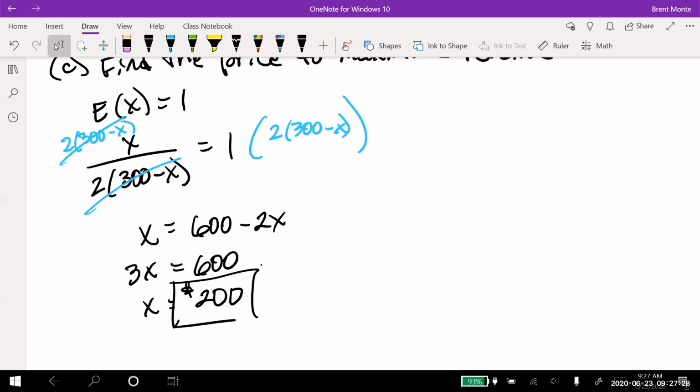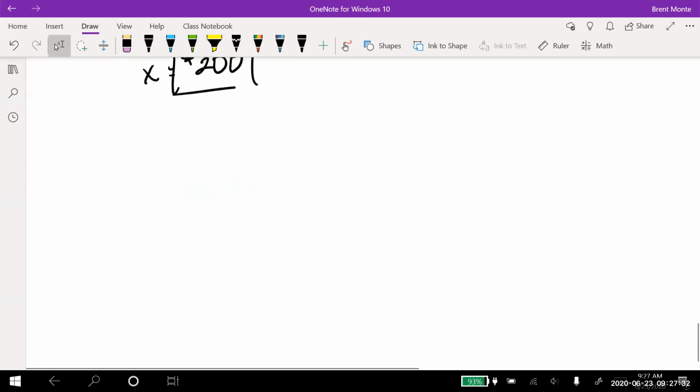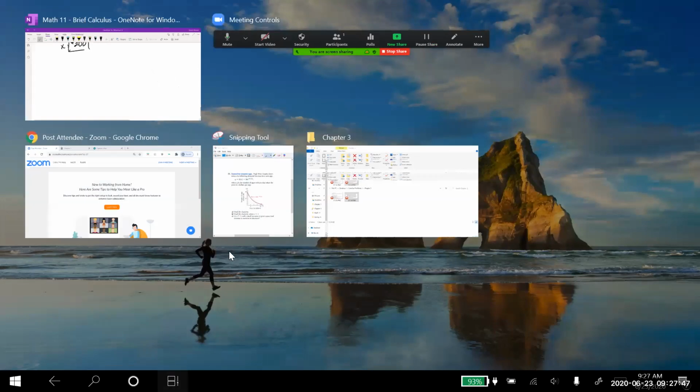All right, so let's do one more application. This one's a word problem, and there's a few parts to it. Well, it's only got A, B, and C. But I wanted you to see a different type of function.